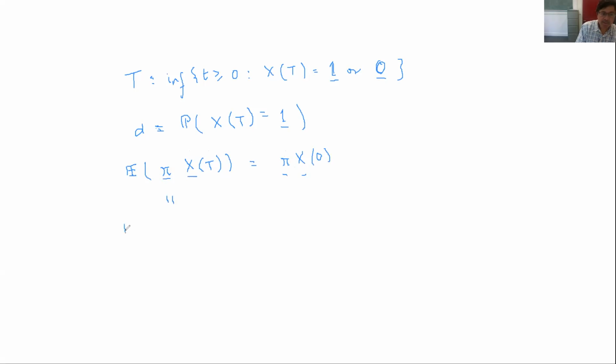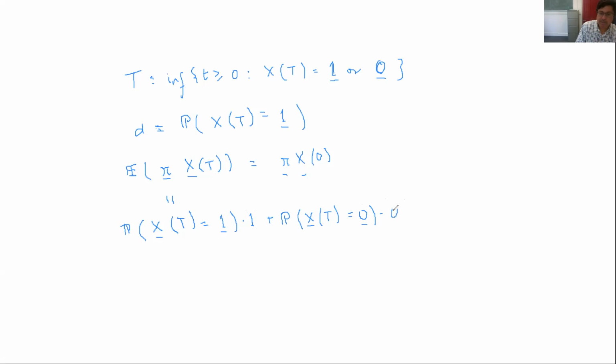It's the probability that X_T is the all one vector times, if X_T is the all one vector, then pi times X_T is 1 because it's the sum of the elements of pi, plus the probability that X_T is the all zero vector times, what's the inner product of pi and the all zero vector?